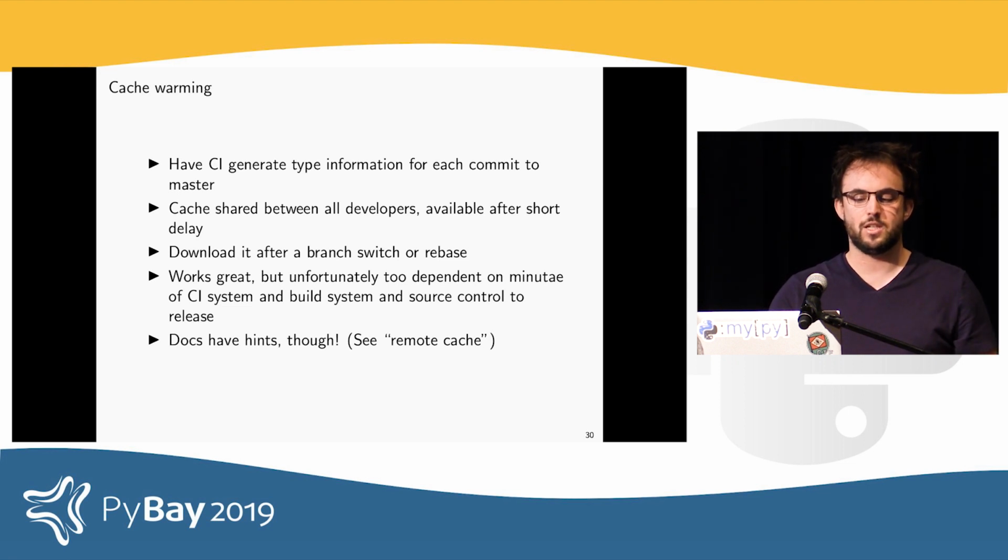We have some decent docs for how to do it in our main docs that talk about how to use a remote cache. I'd be really curious if anyone else has actually tried to do this. I think Facebook did back when they used mypy, but then they built a competing type checker, and so probably don't anymore.